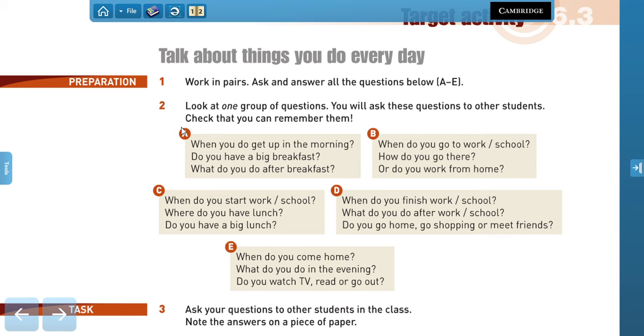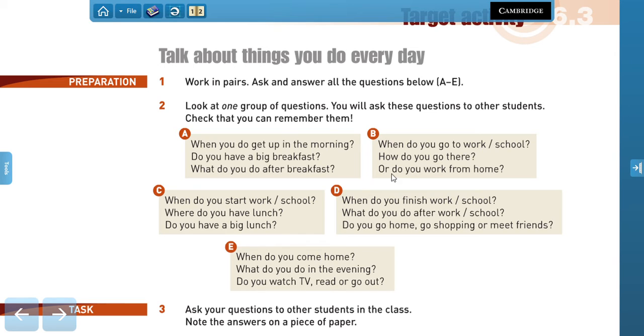So for example, A says, when do you get up in the morning? Do you have a big breakfast? What do you do after breakfast? So these questions are about breakfast, right? B is about work or school. When do you go to work? In this case, you can talk about the time, or you can also talk about days, right? For example, I go to work on Mondays, right?